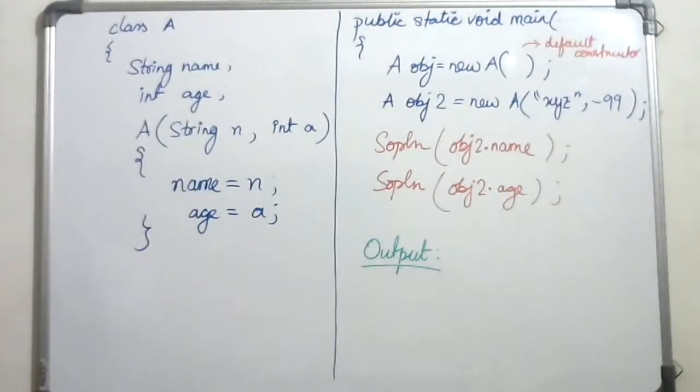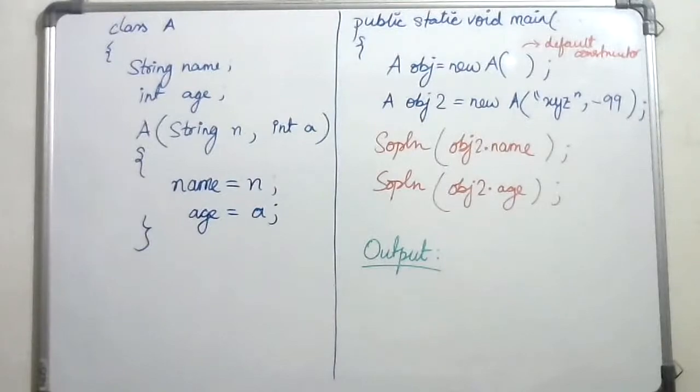That's the main use of a parameterized constructor. Let's say object 2 does not take any inputs, so I do not call the input method for object 2. It will by default have xyz and minus 99. Instead of null and 0, it will have xyz and minus 99.